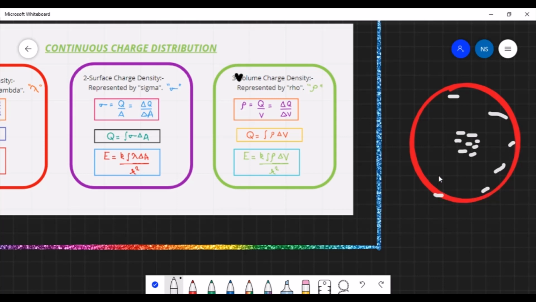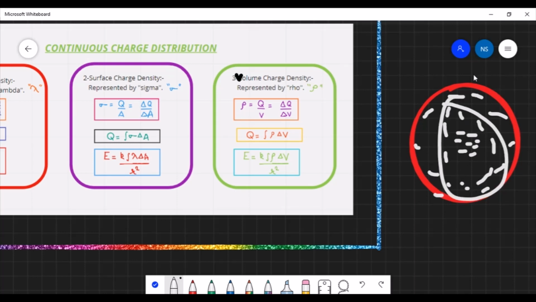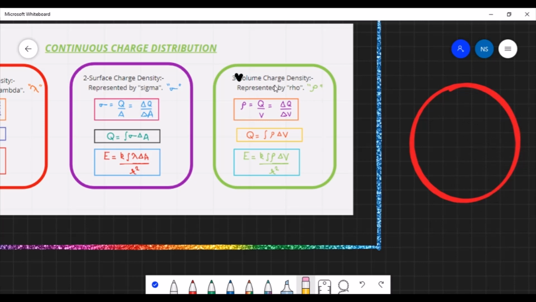But in this case, this is only one side of it, there will be charge all over it. Let's say there is a sphere, then all over the sphere it will be there. Let's say this is one more surface over here, then over here also it will be there, and behind also. So charge will be distributed everywhere, and this is according to the volume.